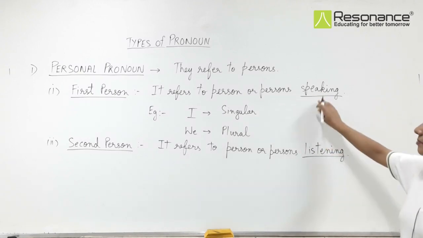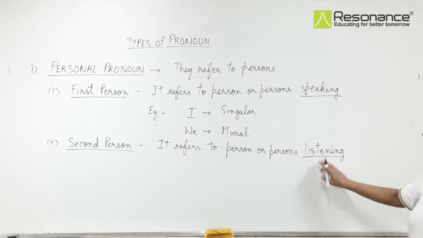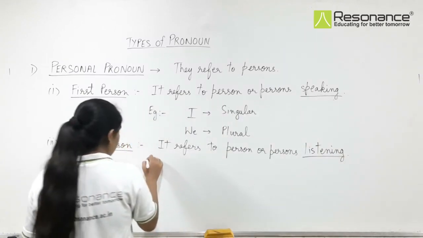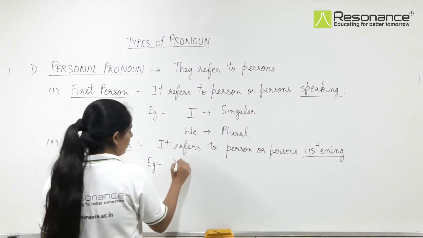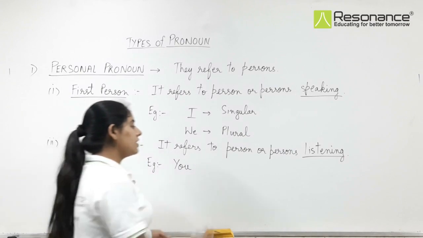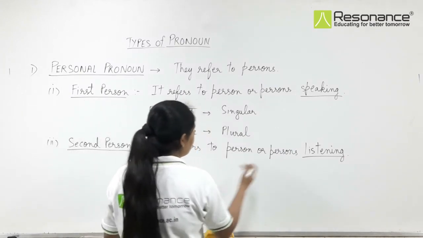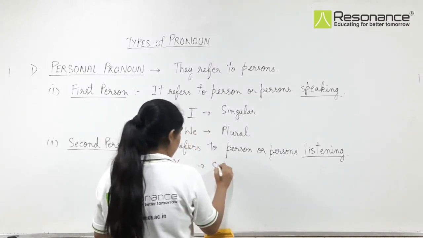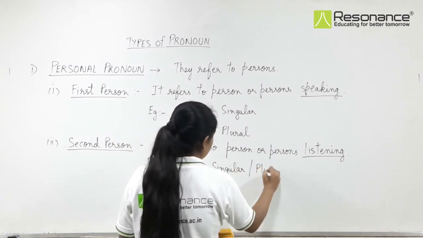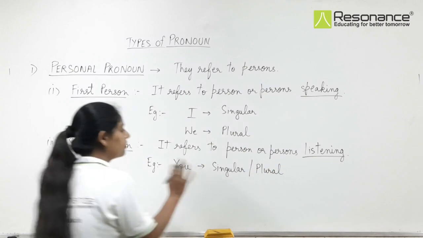First person is the speaker, second person is the listener. What are the examples of second person? You. You is second person, whether you talk in singular terms or plural terms. It is used for both singular and plural. In both cases, you remains you only.